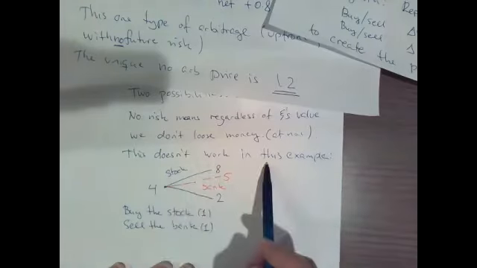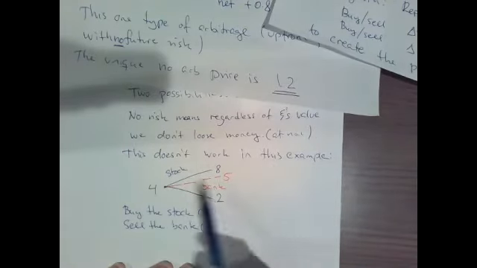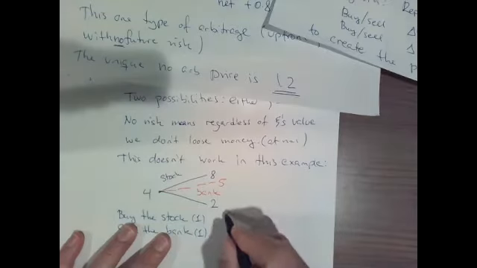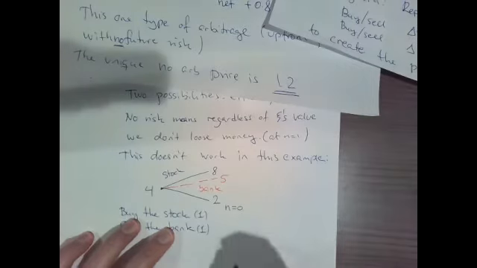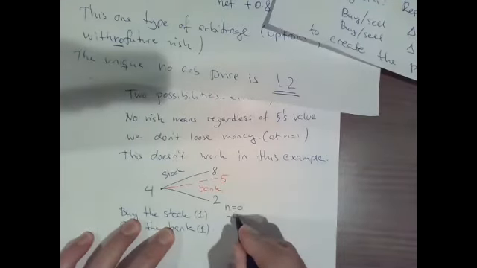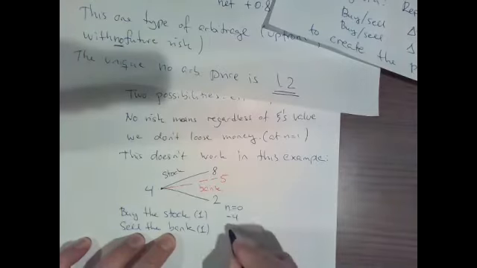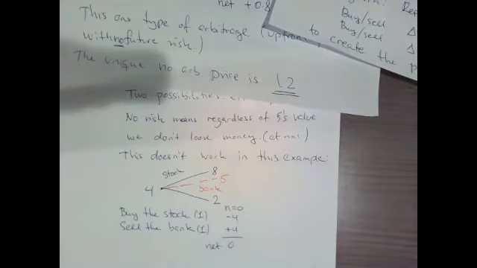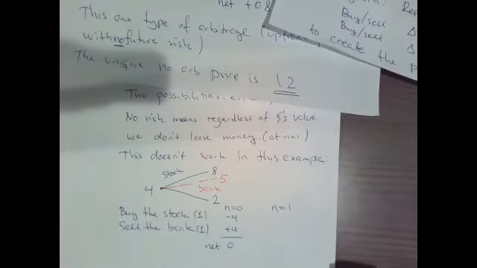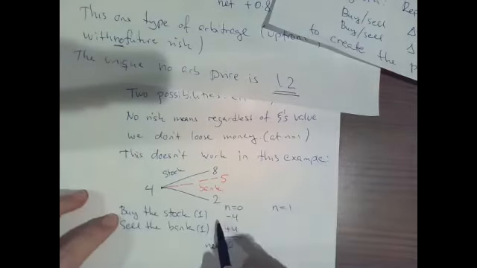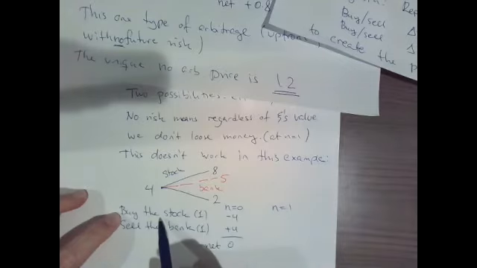Okay, so I'm saying this doesn't work in this example. Why not? Because at time 0, what happens? I buy the stock, so I have to pony up $4, and then I sell the bank. Well, that's going to give me 4. So far the picture is very similar to what we had before, but now when I look at it at time 1, what can happen?